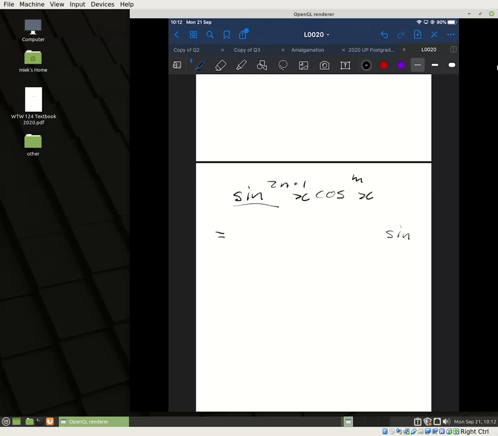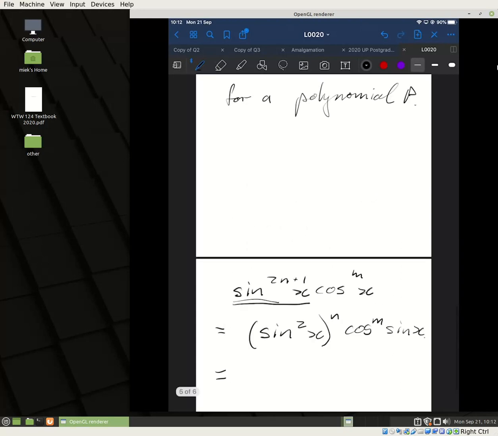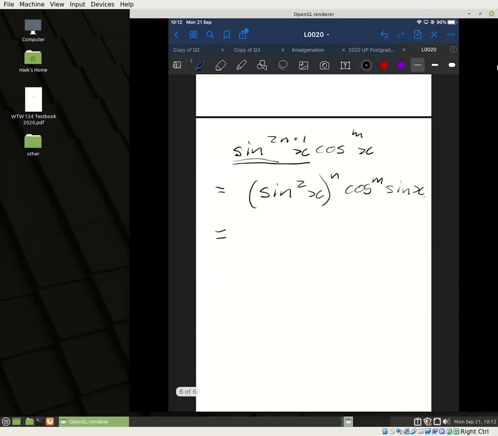So put it at the end, sine x, and let's write the remaining factor as sine squared to the n, cosine to the m. And now again we use our identity, sine squared plus cosine squared is equal to 1. So this becomes 1 minus cosine squared x to the power n, cosine to the m.